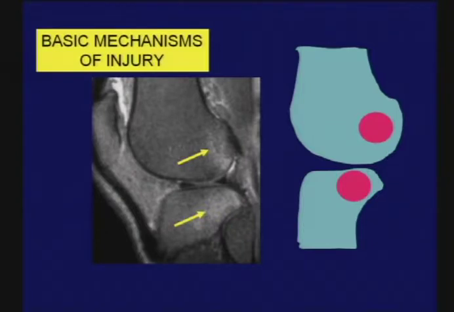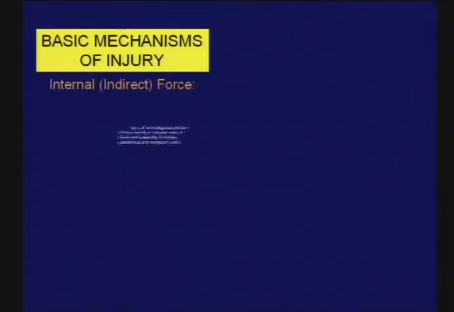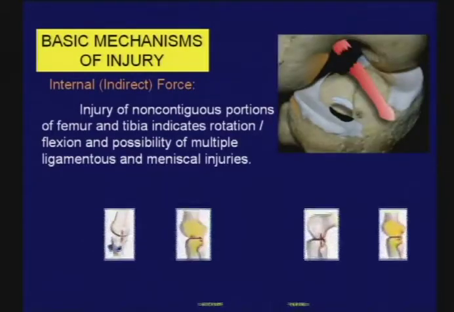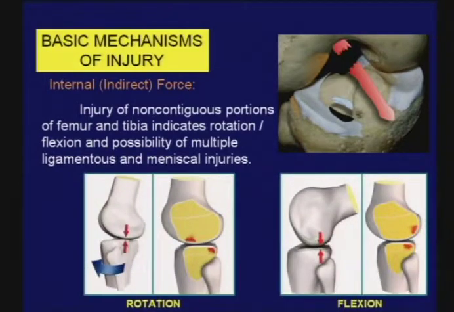So in any case, this indicates flexion. Injury of non-contiguous portions in the subchondral bone of femur and tibia can indicate rotation, flexion, and in addition indicates usually multiple ligaments are injured and there are meniscal injuries.